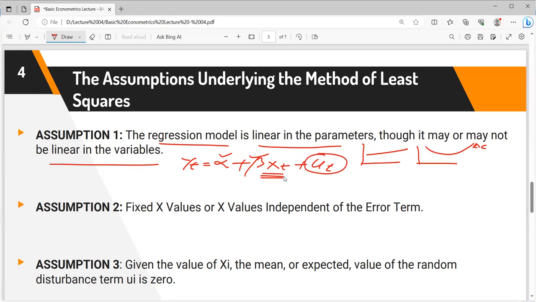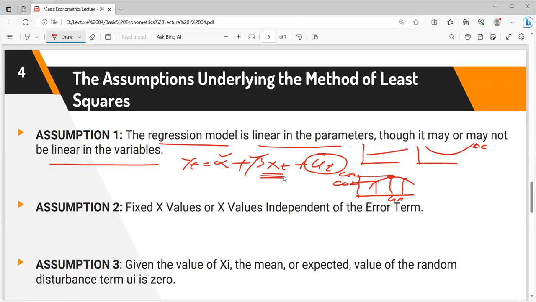In the previous example, the environmental Kuznets curve, the relationship between GDP and CO2 emission is like this. When GDP increases, CO2 emission also increases at the initial levels. But at the peak, the threshold point where CO2 is maximum, after this point GDP will increase but CO2 emission will decrease.